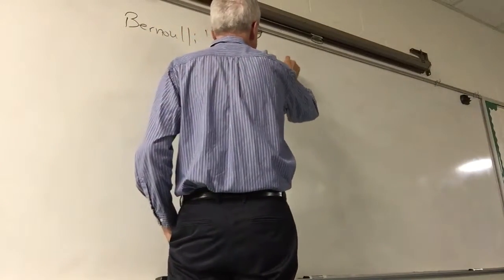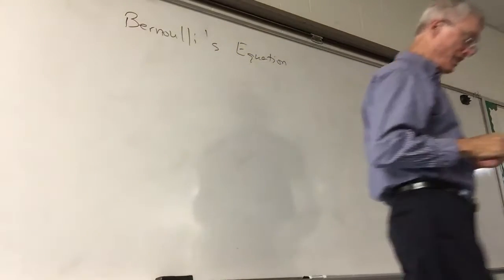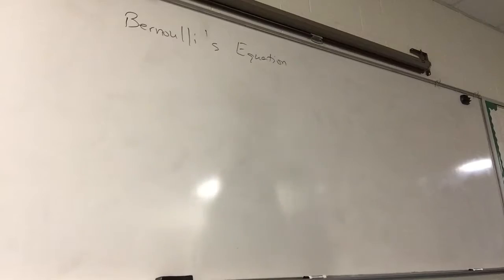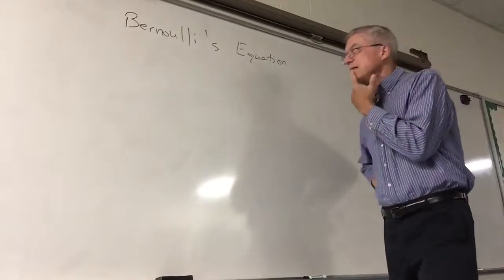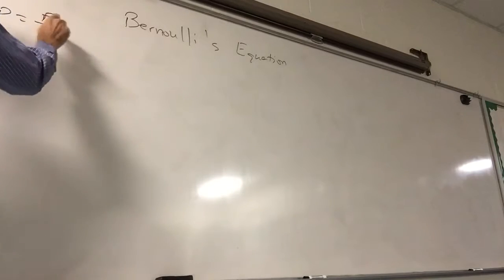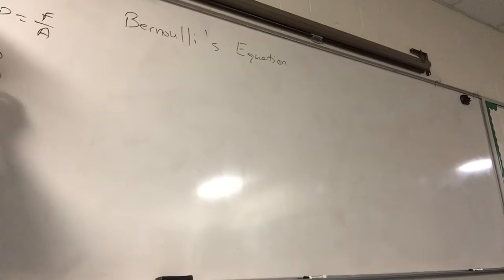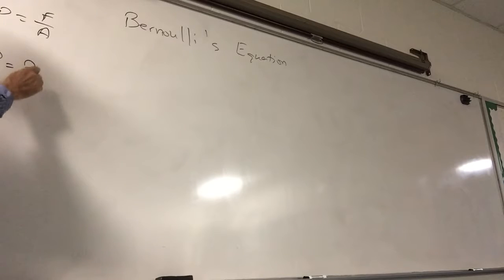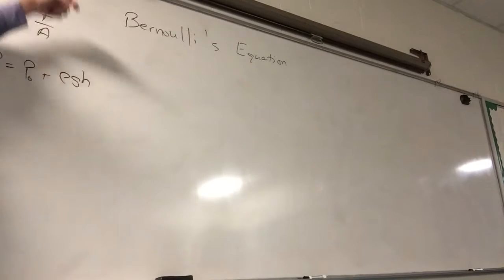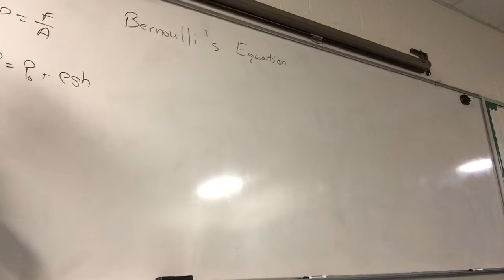Now it's about pressure and things that change the pressure of a fluid. Here's some things you already know about pressure. You know it's equal to F over A. You know the pressure of a fluid could be equal to P0 plus rho g h, where the h is how far down you go in the fluid.